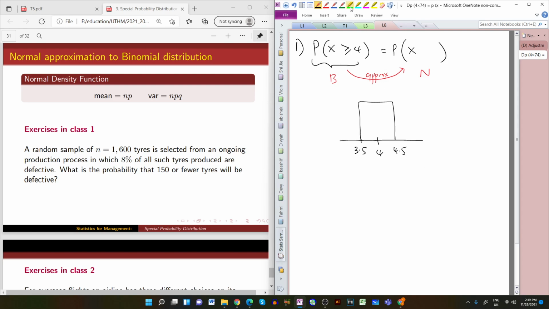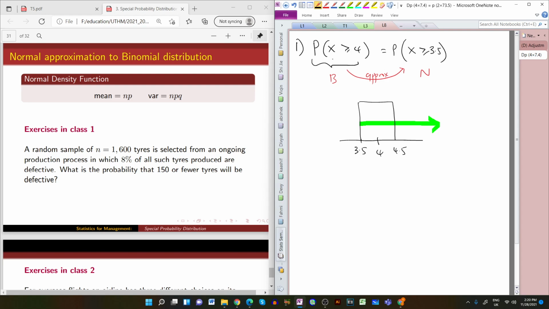When you see there's an equal here, you write from here, which means greater or equal to, look at the green color, it starts from 3.5, isn't it? So you have to start from 3.5.